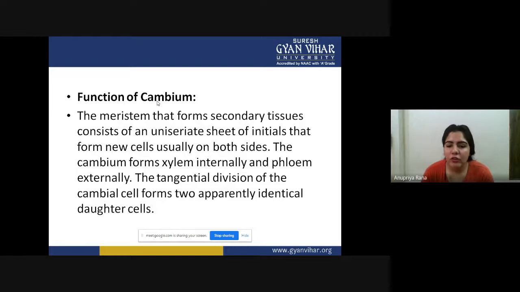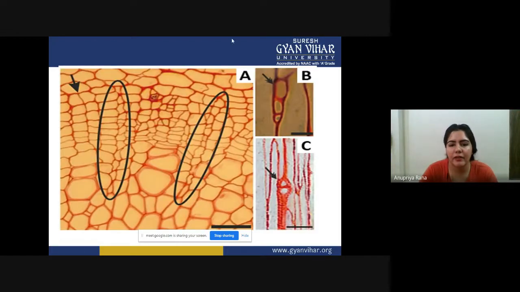The tangential division of the cambial cell forms two apparently identical daughter cells. In this way they will form the tissue. This is not the characteristic diagram for the cambium, but they are showing some passage cells here.